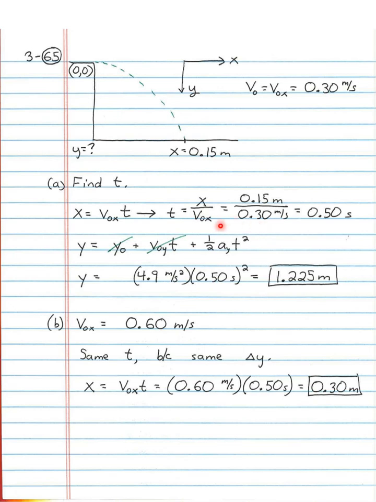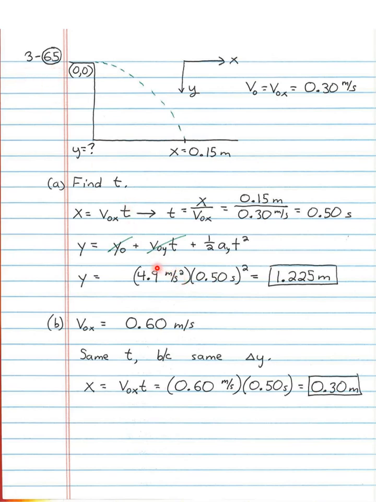Once we know that time, now we're going to examine the vertical component of velocity. And let's use this kinematic equation that involves time and initial velocity and position. So we get y equals y naught, which is 0. That's what I established in the picture, the origin at 0, plus v naught y t.